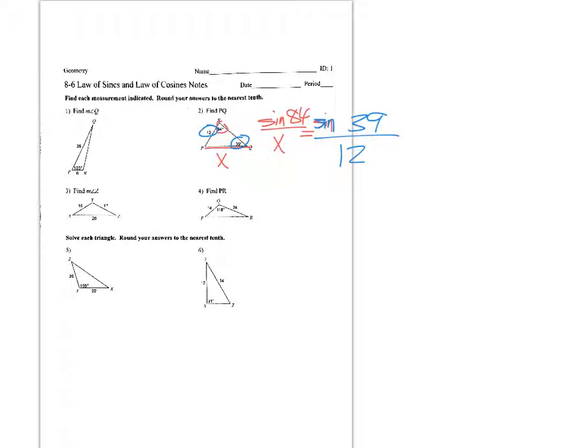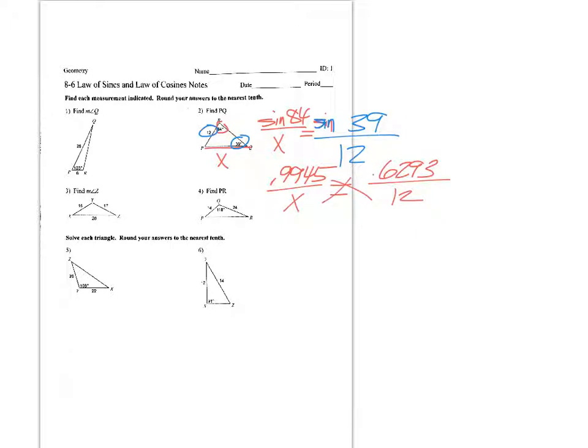Before we do that, we're going to do sine of 84 on the calculator. Sine 84 would give us 0.9945 over x equals, now I'm going to do sine of 39. Sine of 39 is 0.6293 over 12.